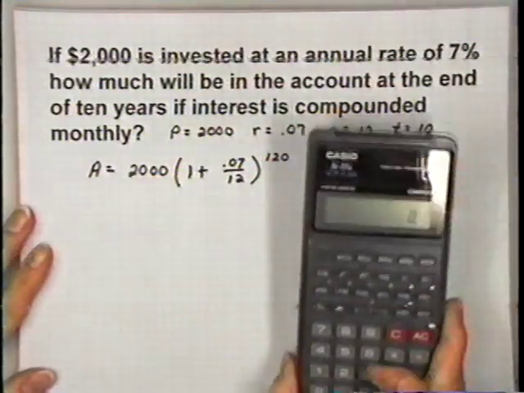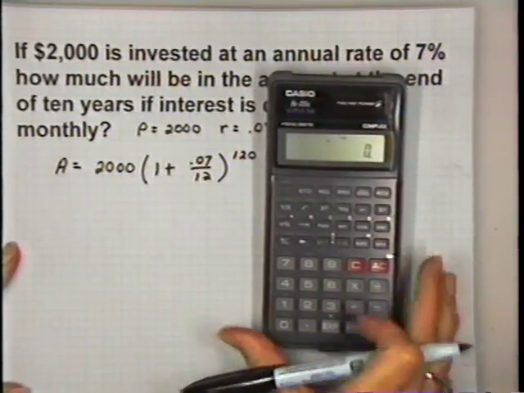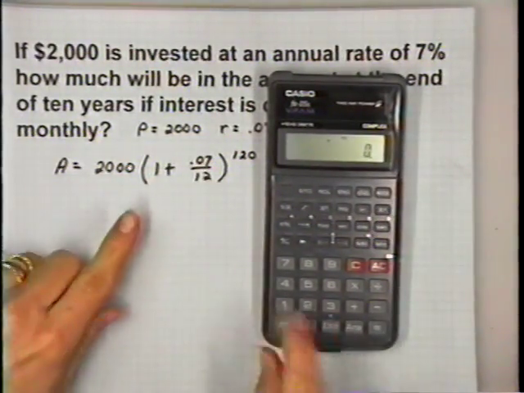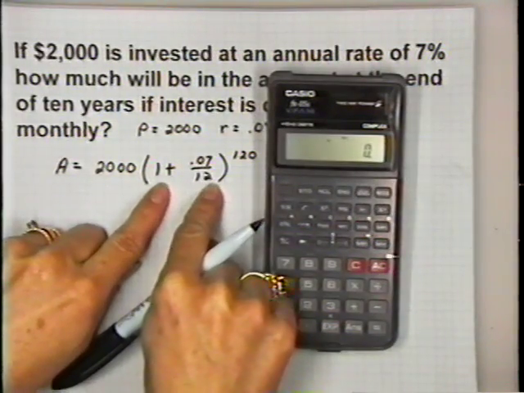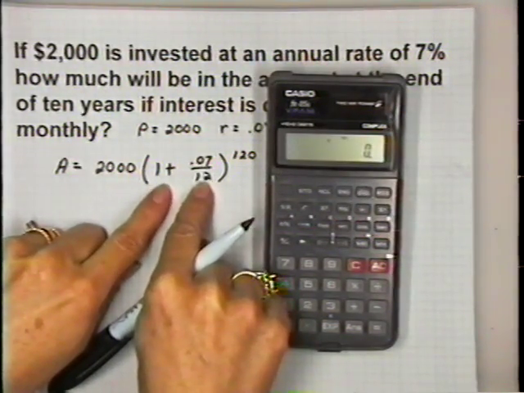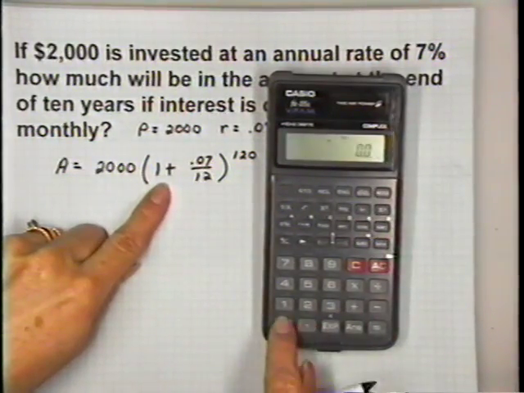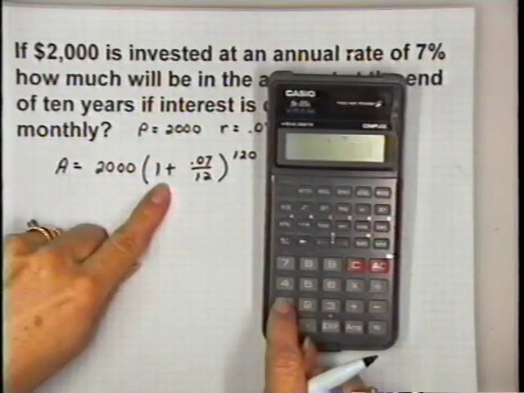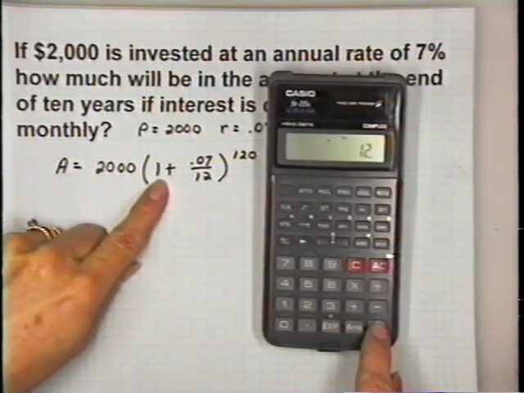Now, I'm going to slide my calculator up here if I can get it where it's not glaring too much and show you how I can do all of this together. I'm going to start inside the parenthesis just like we normally do. So I'm going to take 1 plus my 0.07 divided by 12, and hit equal to complete that. Now, I can be confident that my calculator will give me the correct answer here because it's a scientific calculator.